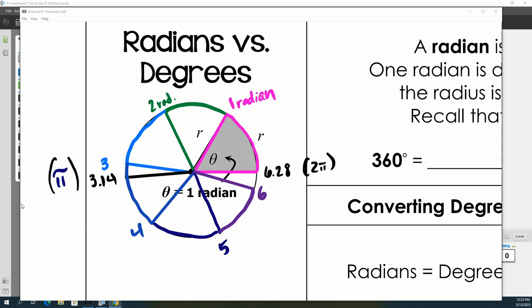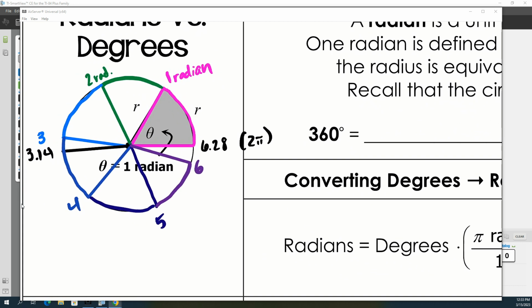All right. So one thing we're going to do a lot of today is convert degrees to radians and radians to degrees. So I know from looking at these radii around the circle that 360 degrees, a full revolution, is 2 pi radians.